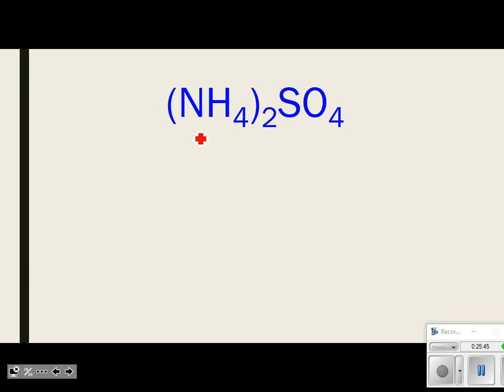Ammonium is just something you're going to be familiar with. NH4 is the ammonium ion.